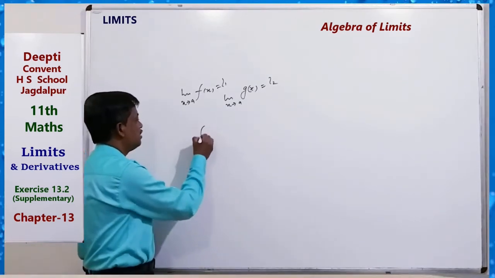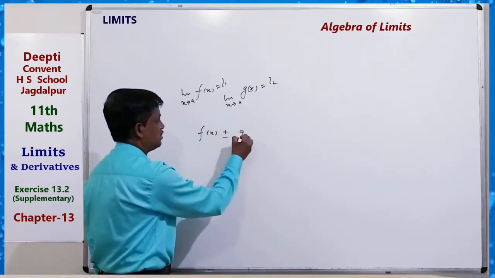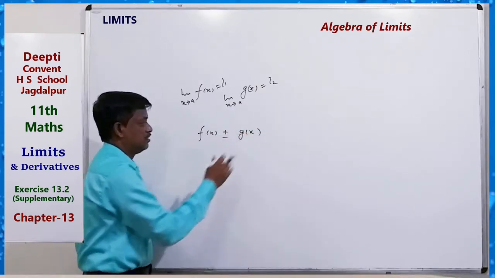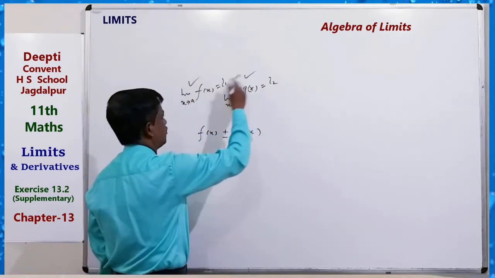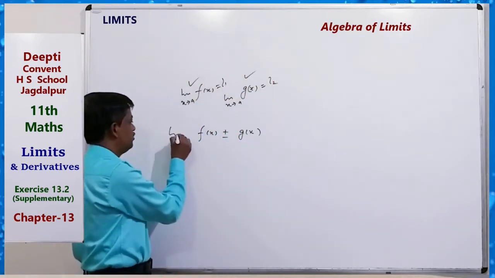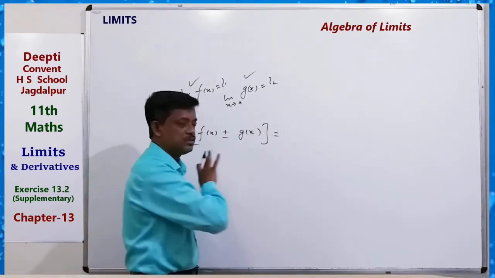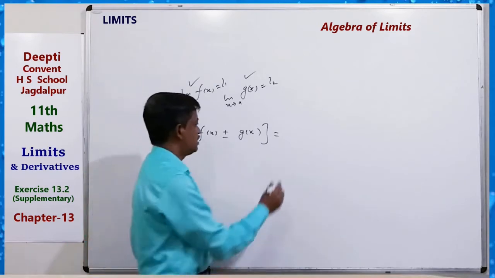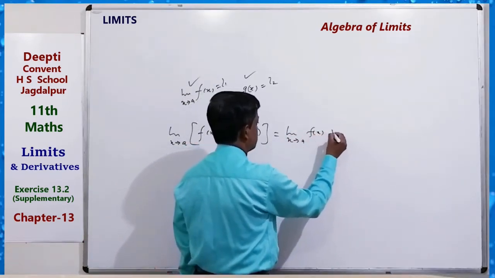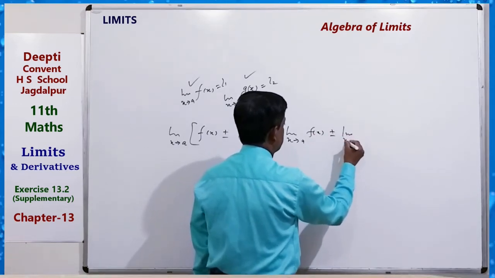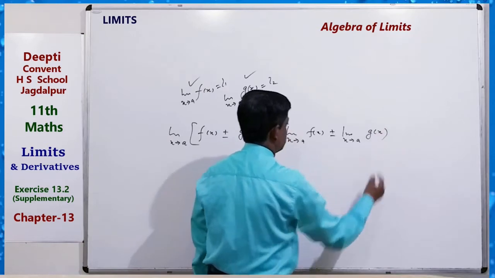Then for f(x) plus or minus g(x), where the limits of both exist separately as L1 and L2, the limit as x tends to a can simply be distributed: the limit as x tends to a of f(x) plus or minus the limit as x tends to a of g(x).